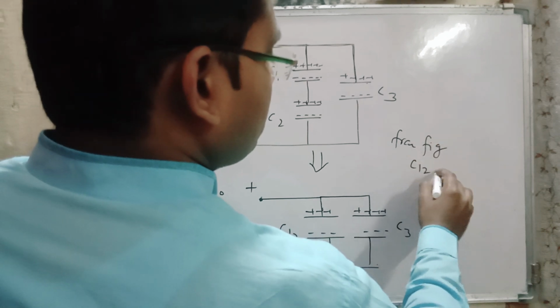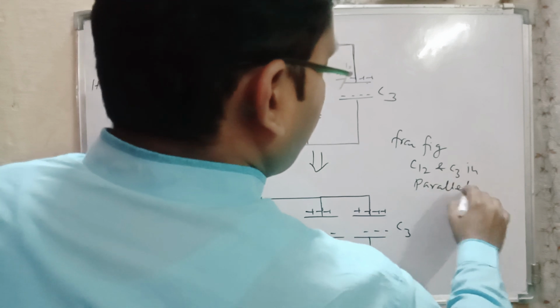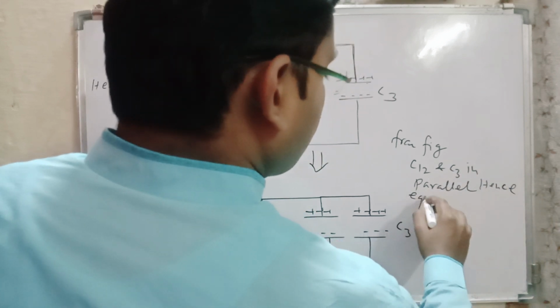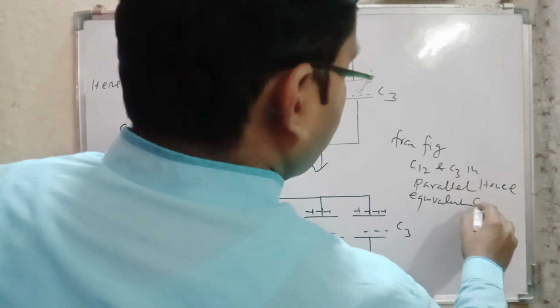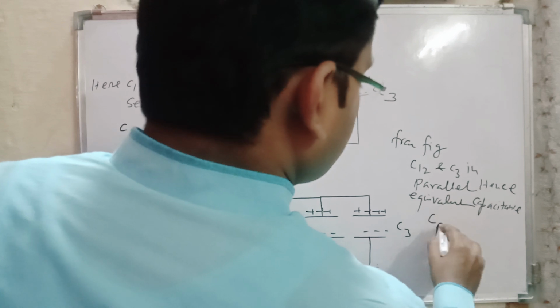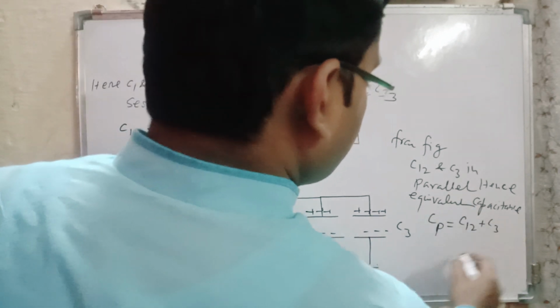From figure, C12 and C3 are in parallel. Hence, equivalent capacitance CP is equal to C12 plus C3.